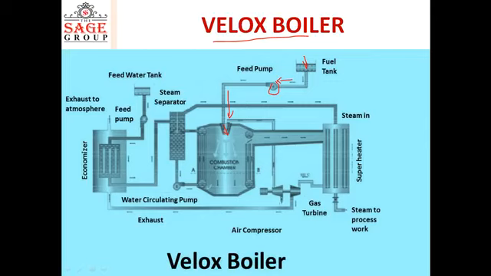Second, here you can also see there is a gas turbine. This one is the gas turbine, and this is the compressor. This compressor is run by this motor, so the compressor will produce compressed air, and the compressed air will pass through this passage and also reach this nozzle.